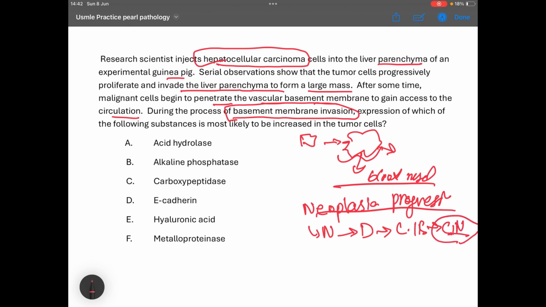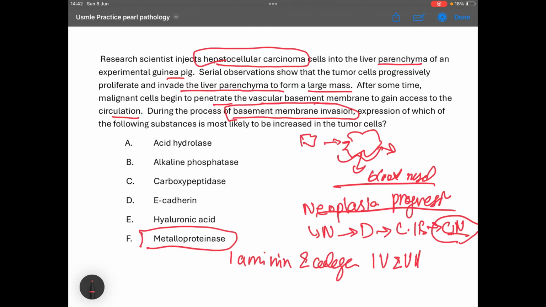In invasive carcinoma, the cancer cells invade the basement membrane due to enzymes like collagenase and hydrolase, and these enzymes are called metalloproteinases. Metalloproteinases are enzymes responsible for the breakdown of the basement membrane, which is composed primarily of laminin and type IV collagen.